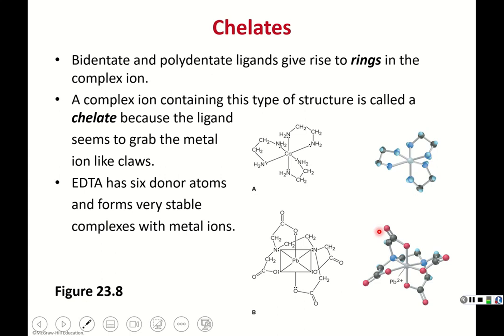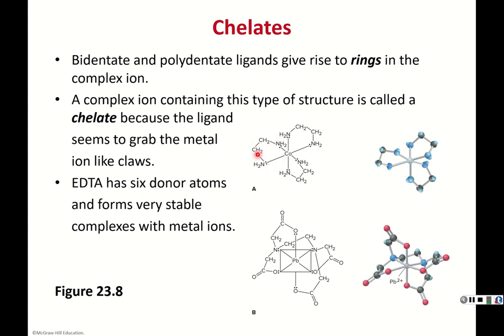So bidentate and polydentate ligands give rise to rings in the complex ion. When they coordinate and form their bonds to the metal, they form what would appear to be ring structures. A complex ion containing this type of structure is called a chelate, because the ligand seems to grab the metal like claws, right?